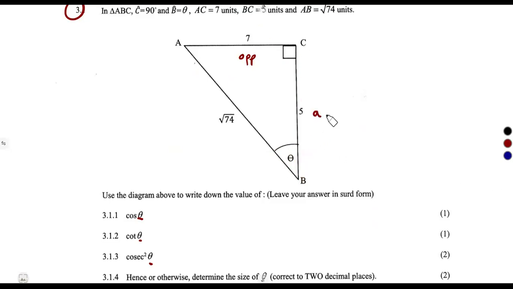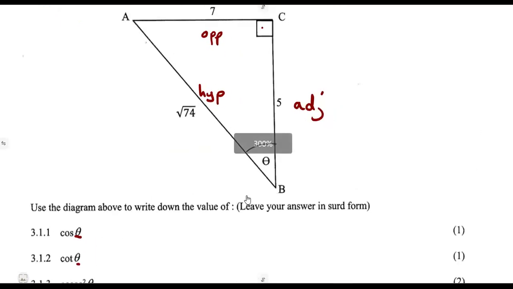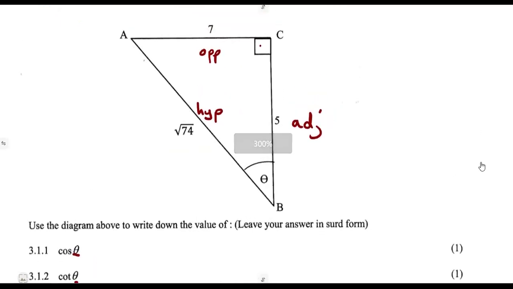That's our adjacent. The one that faces the right angle, the longest side, is our hypotenuse. Knowing this is important because we need to simplify cos of theta and the other ratios. Remember your SOHCAHTOA.